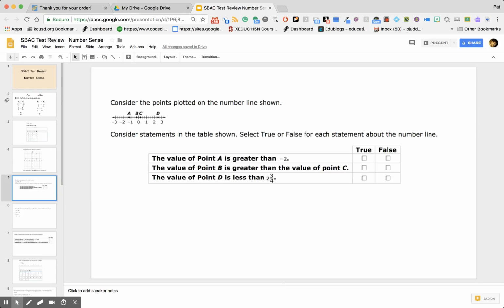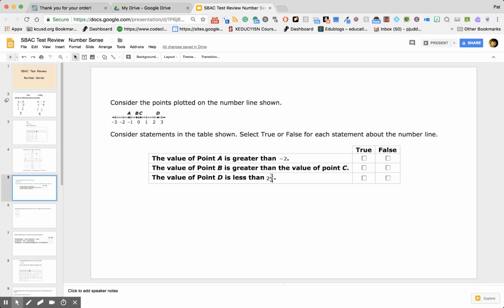So in case you can't read these too well on the video, I'm going to read them, and then I'm going to direct you back to your number line to be able to answer if they're true or false. The value of point A is greater than -2. Point A is on a line between -2 and -1.